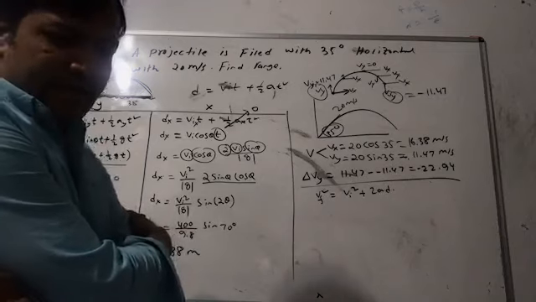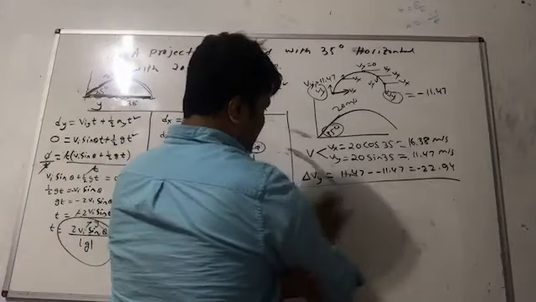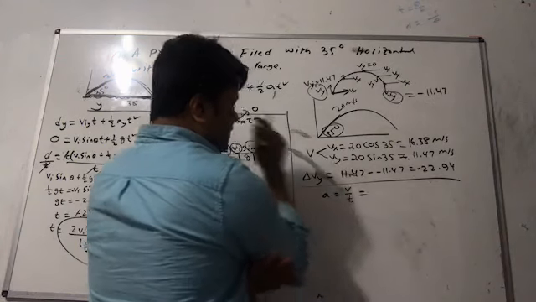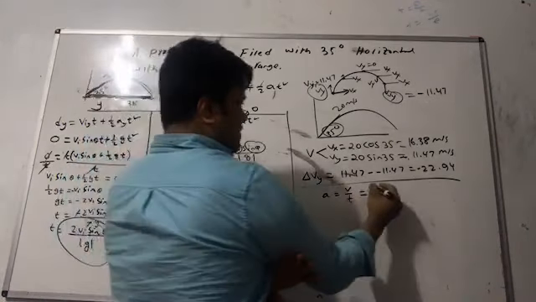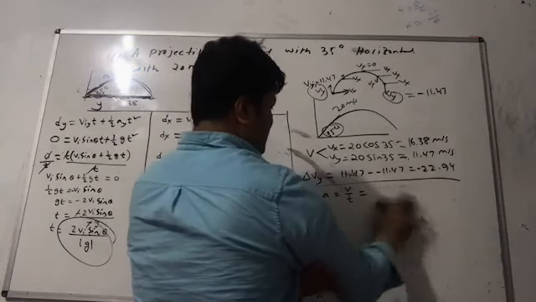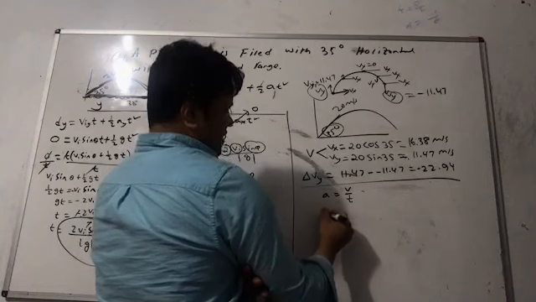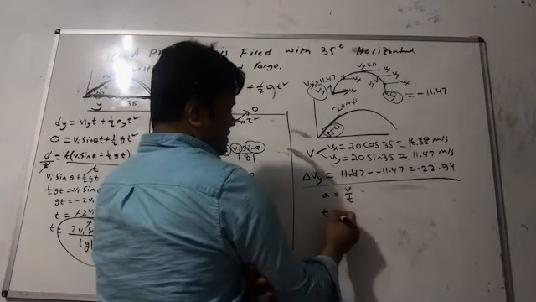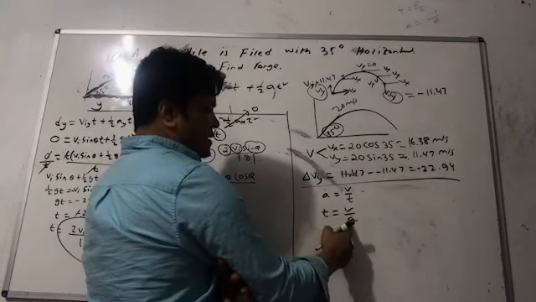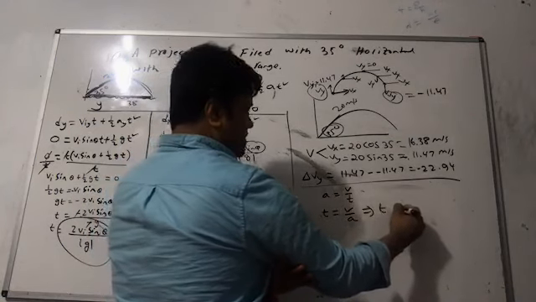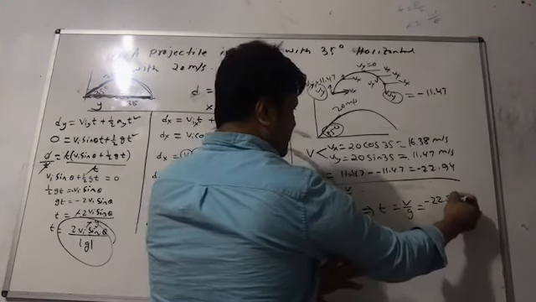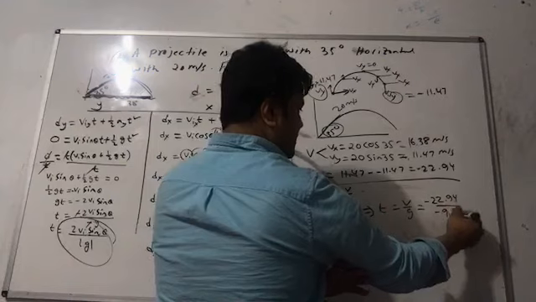Acceleration is velocity over time. Then the time is velocity over acceleration, and we should replace a by g. So then time is velocity over g. The velocity is negative 22.94 and g is negative 9.8.